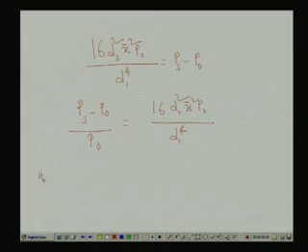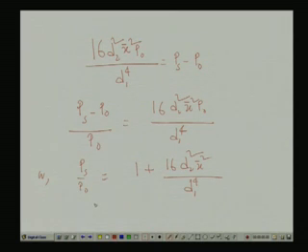So this leads to PS minus PO by PO equal to 16 d2 square x bar square divided by d1 to the power 4. So PS by PO equals 1 plus 16 d2 square x bar square upon d1 to the power 4.